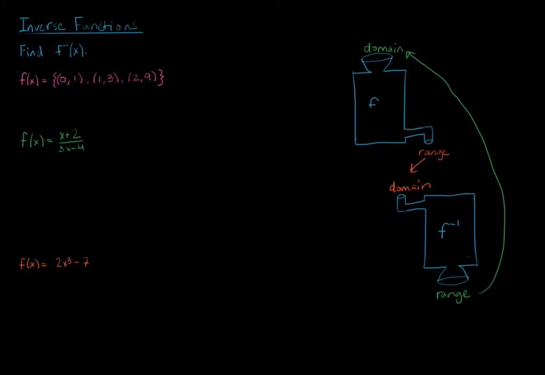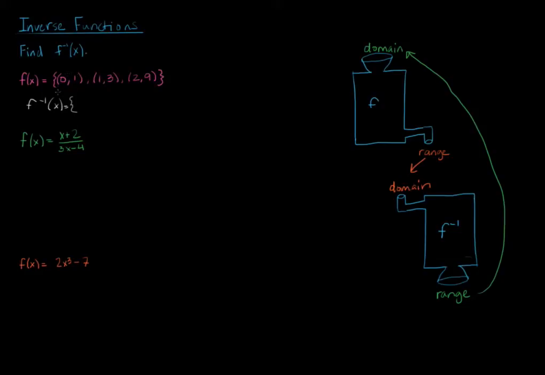In each case, I want to find f inverse of x. In this pink example, f of x is just a list of 3 points. In this case, we know that the outputs become the inputs and the inputs become the outputs. So for f inverse of x, the input is the x value and the output is the y value, so we just need to switch those.